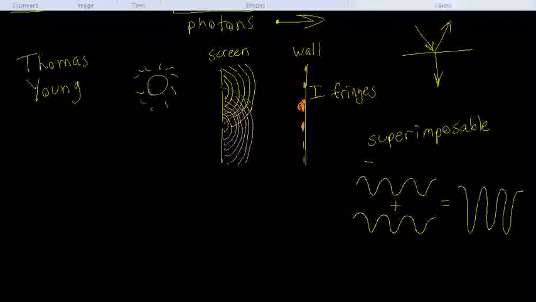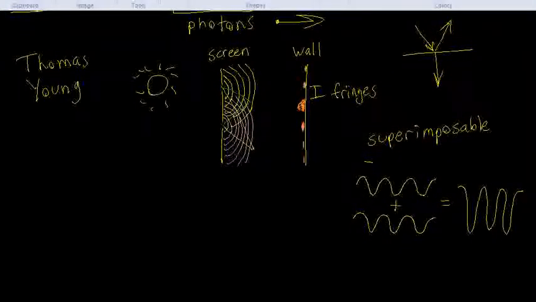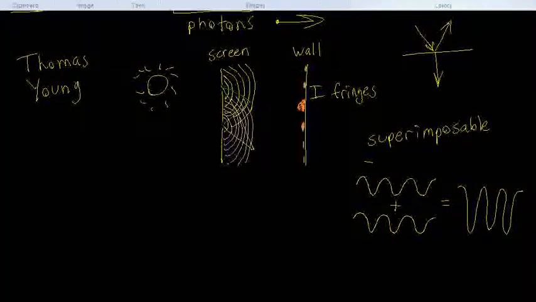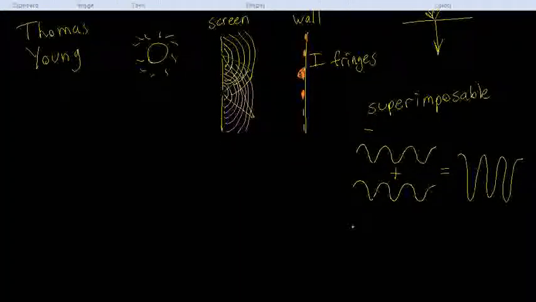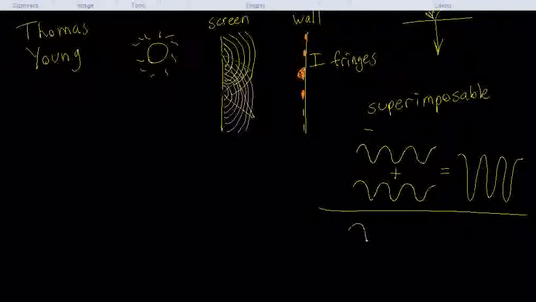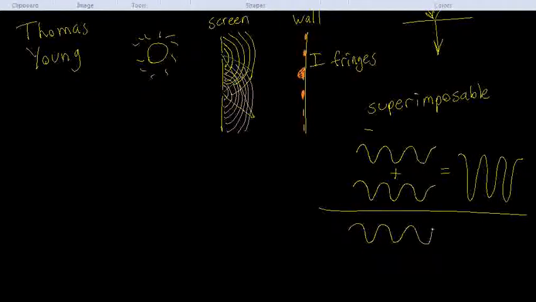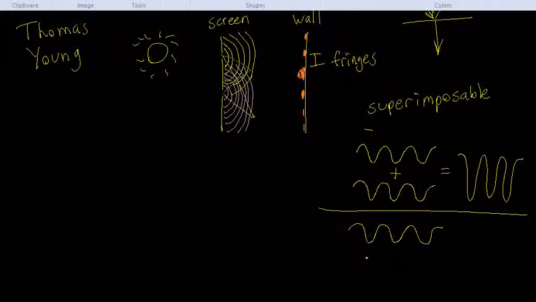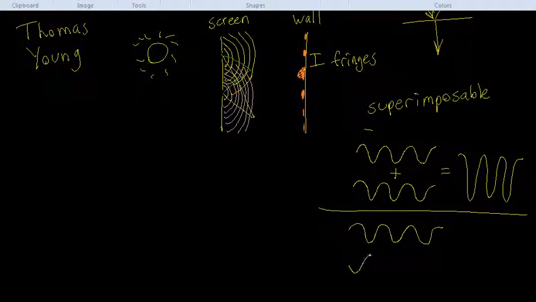But if you look at a different spot on the screen where the light has to travel much further from one of the slits than the other, then the waves will look different. And in the most extreme case, you'll have wave number one looking like this, and because the other wave has traveled a different distance, it could look the exact opposite.